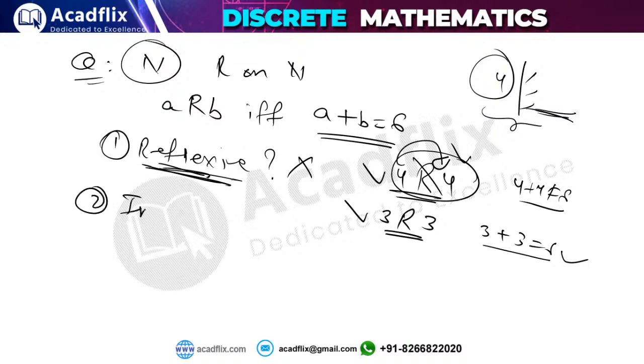Now the second question: is it irreflexive? Try this. Yes, Prerna, 3 plus 3 is equal to 6. But that does not mean that it is a reflexive relation.